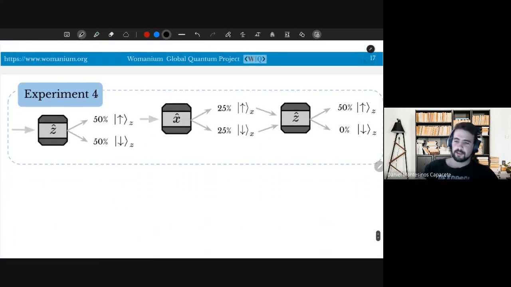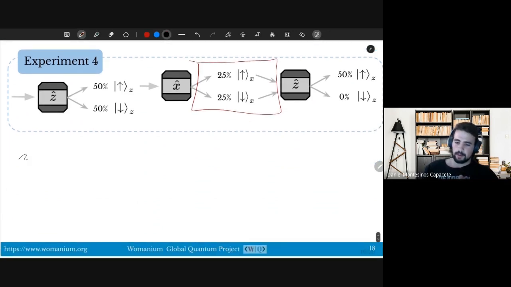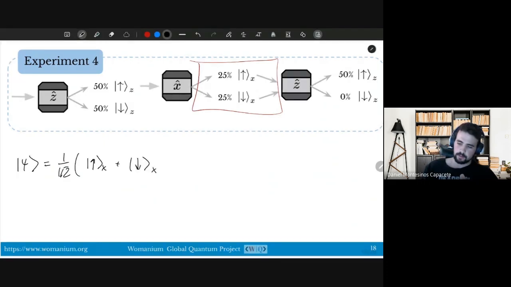And lastly, just this example very quickly. In this case, you take the whole set. So at the end, you have this state right here. And again, you measure sigma z.